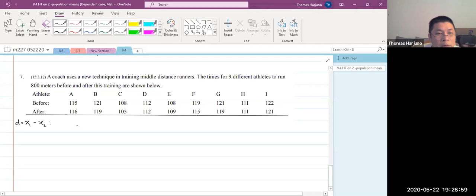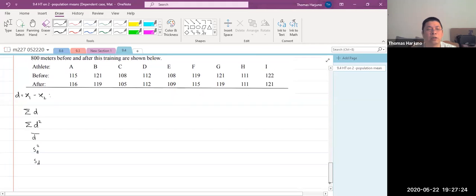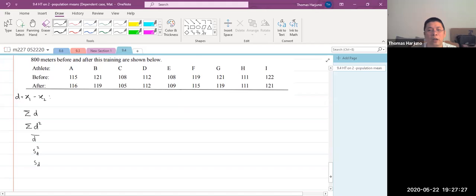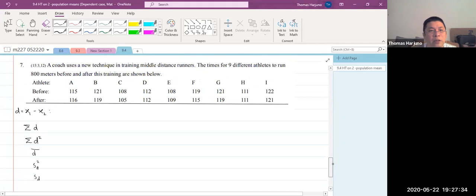So you need to find the differences here, and then find the sum of d squared, and then get d bar and sd squared and the standard deviation of the differences. I think that should take you approximately 3 minutes, and then the hypothesis testing will take you approximately 6 minutes.